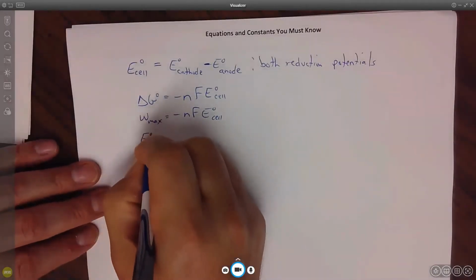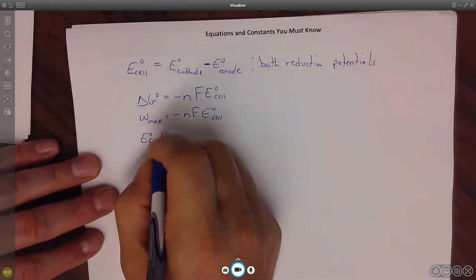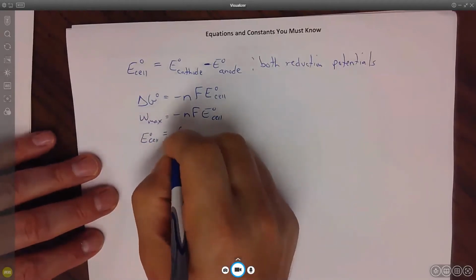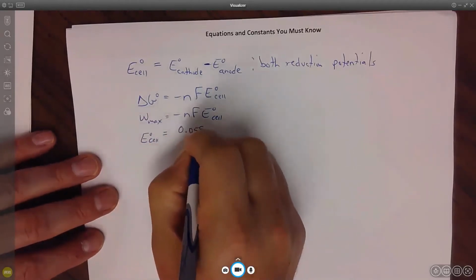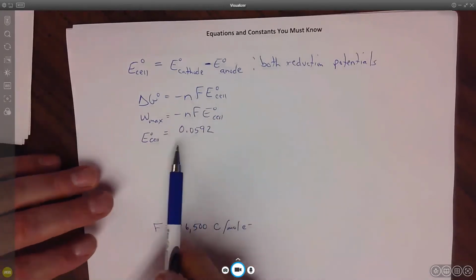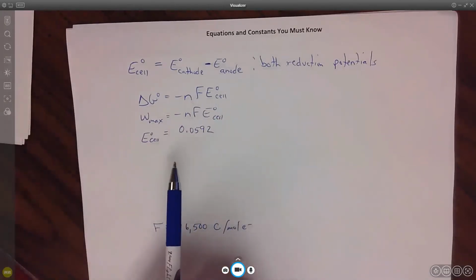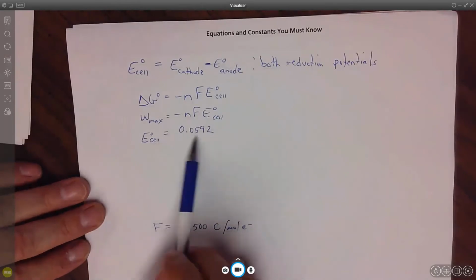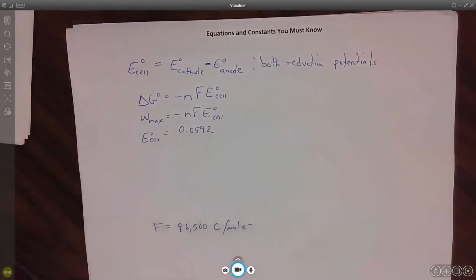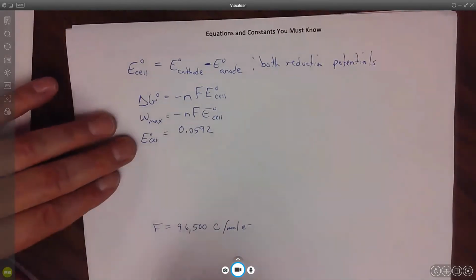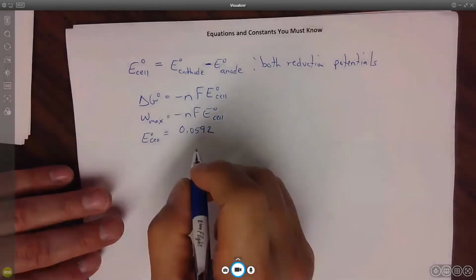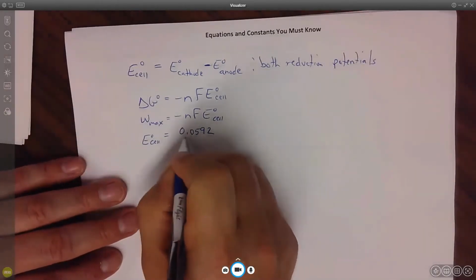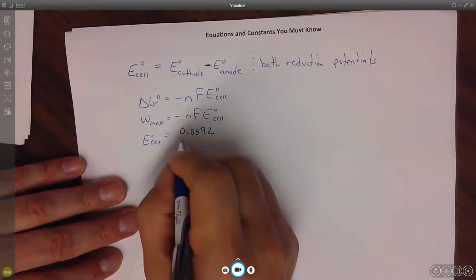We'll talk about how in lecture, but E cell then is equal to 0.0592. Now this number comes from a bunch of things that we'll talk about. It includes the temperature and a bunch of other things. So this is good at 25 degrees Celsius. I'll talk about where that number comes from, but you need to memorize that number.